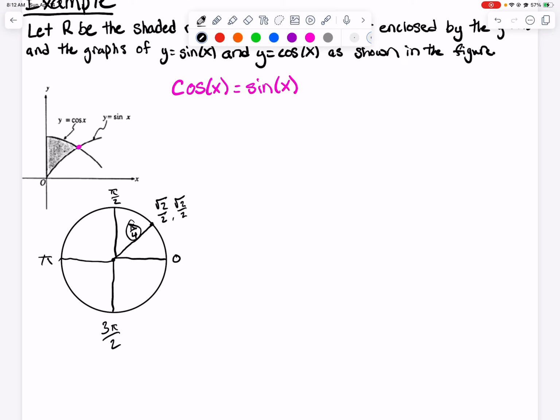So when I solve this, x is going to equal pi over 4. When I plug in x for cosine or sine, I get square root of 2 over 2. Cool. So we found our bounds. Our bounds are going to be 0 and pi over 4.